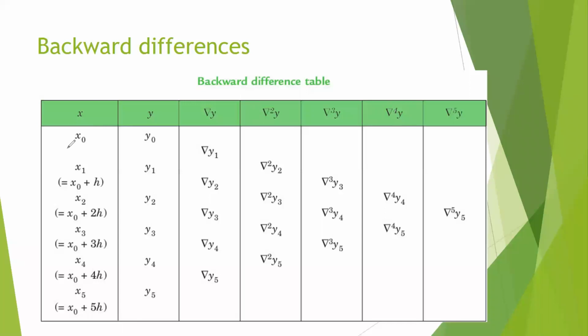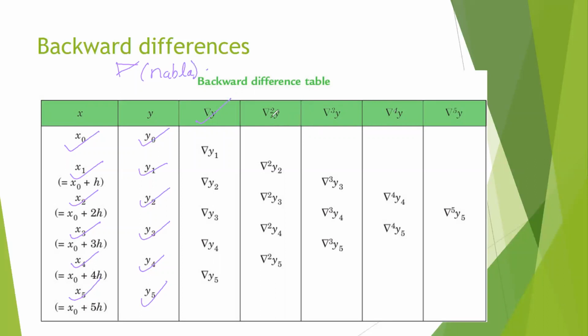The x values are x0, x1, x2, x3, x4, and x5, and their corresponding y values are y0, y1, y2, y3, y4, and y5. Here also we have multiple backward differences. The backward difference operator is nabla, symbolized with the reverse triangle.